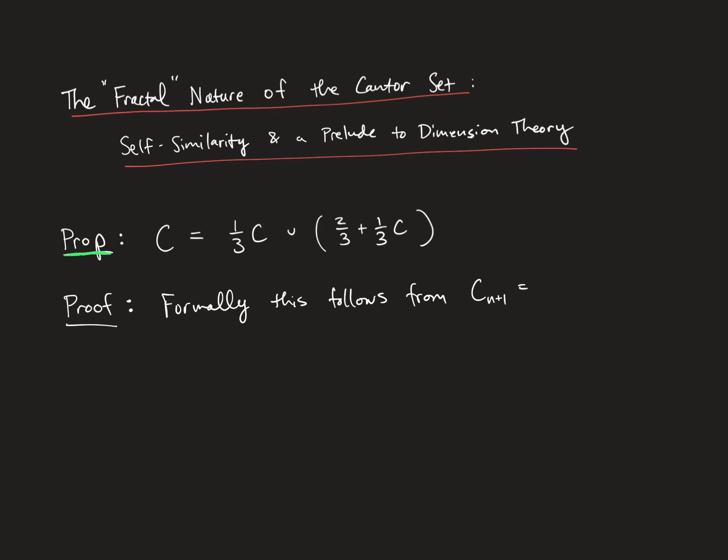We had C_{n+1} is 1/3 C_n union 2/3 plus 1/3 C_n. Letting n go to infinity, if you think of C in some sense as a limit of these sets, then the C_n's turn into C. But of course, this doesn't literally make sense, so we need a more rigorous argument.